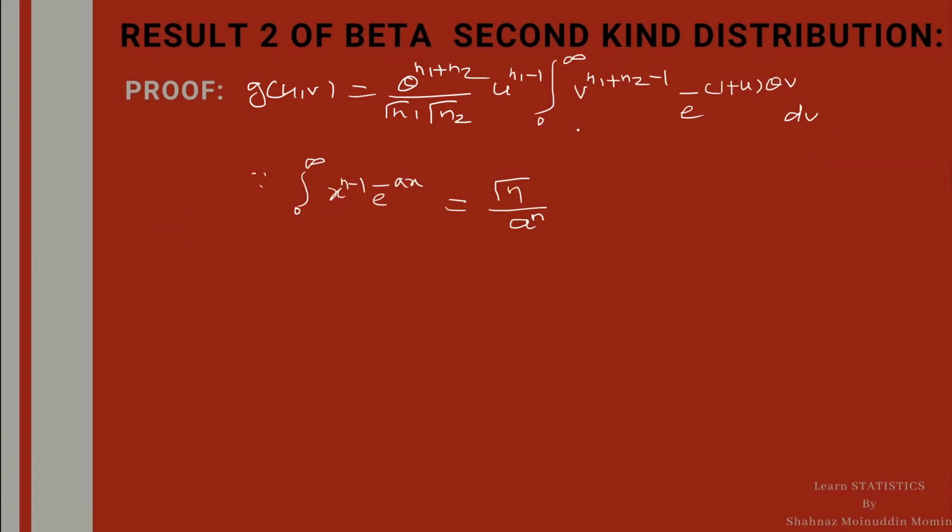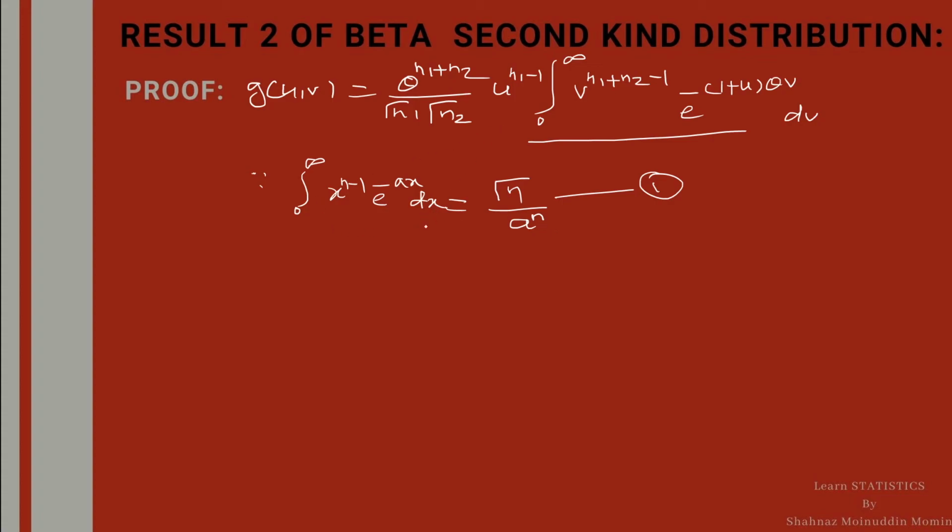To obtain the value of this gamma integral, 0 to infinity v raised to n1 plus n2 minus 1, e raised to minus (1 plus u) theta v, we will compare this integral with the standard gamma integral, integration 0 to infinity x raised to n minus 1, e raised to minus ax dx, is equal to gamma n divided by a raised to n.